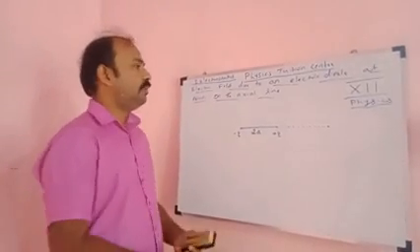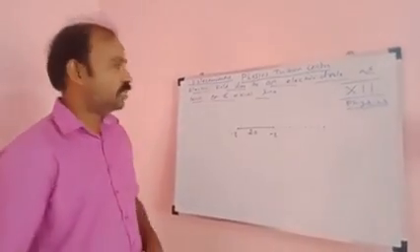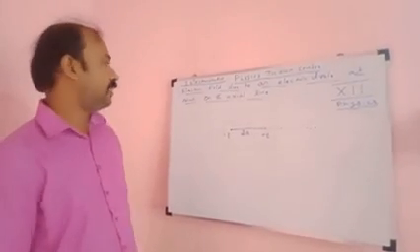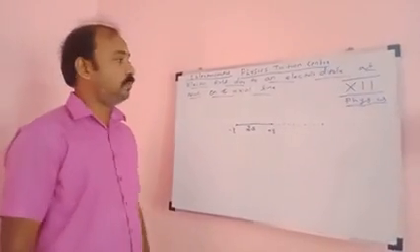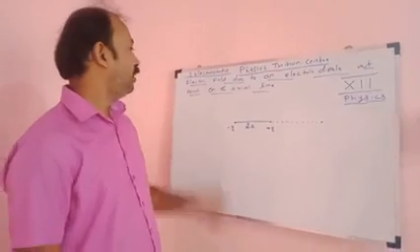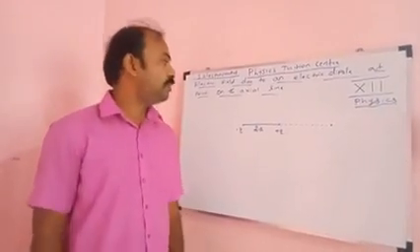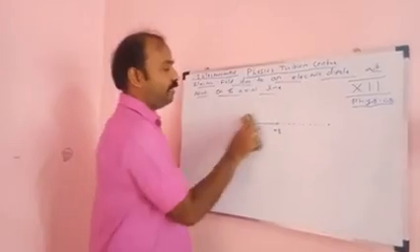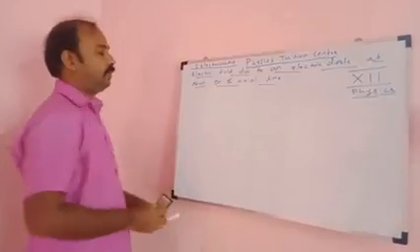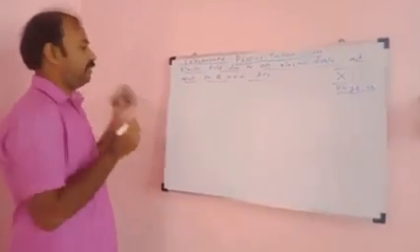Now I am going to write the answer to this question: electric field due to an electric dipole at a point on an axial line. For that, we draw the diagram.